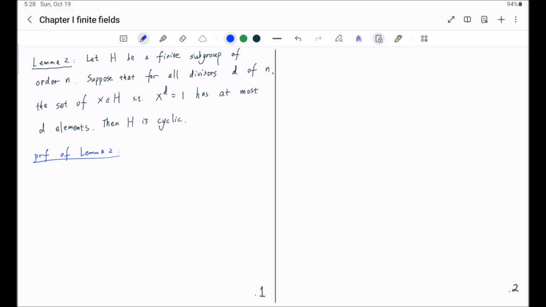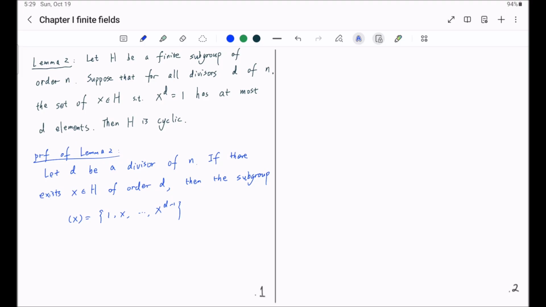Let d be a divisor of n. If there exists an element x from H of order d, then the subgroup generated by x, consisting of elements 1, x, x squared all the way to x to the d minus 1, is cyclic of order d.